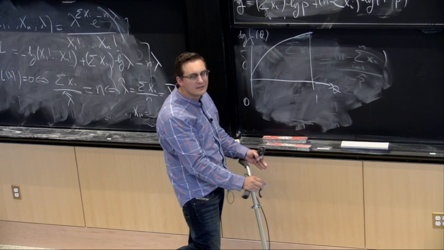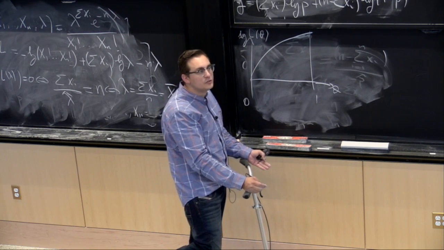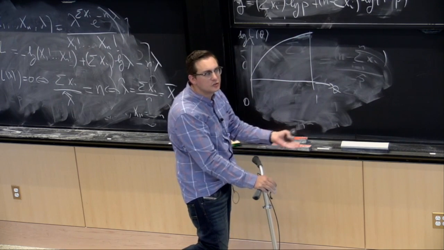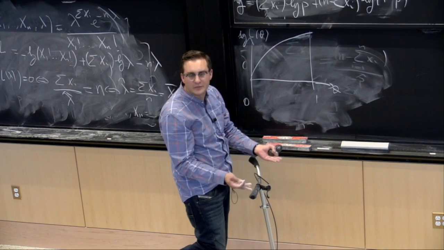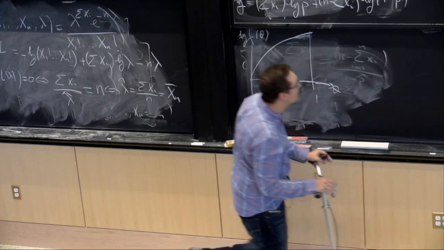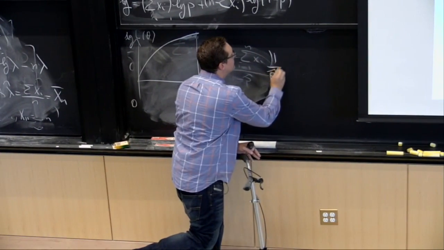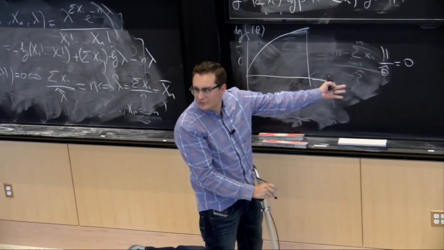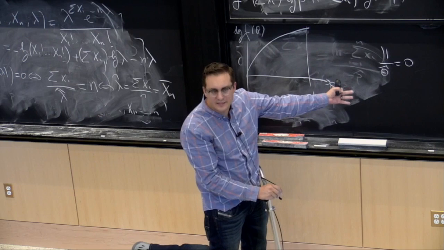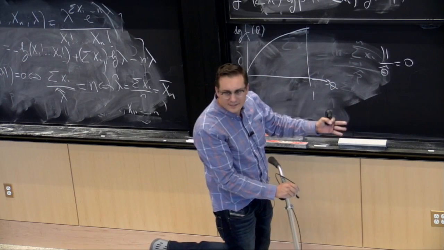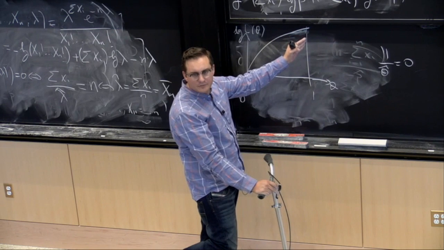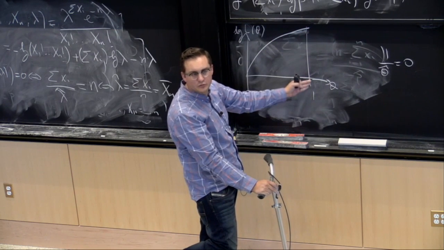So don't panic if you get something that says the solution is at infinity. If this function keeps going, you won't be able to find a solution apart from infinity. You're going to see something like 1 over theta hat is equal to 0. So you know that when you find this kind of solution, you've probably made a mistake at some point. For functions like this, you don't find the maximum by setting the derivative equal to 0.